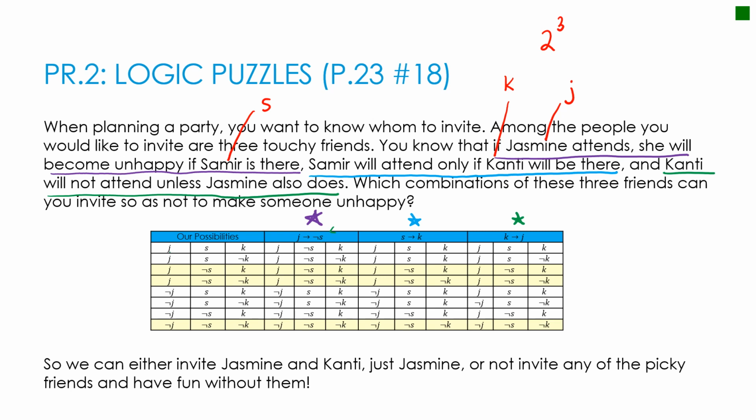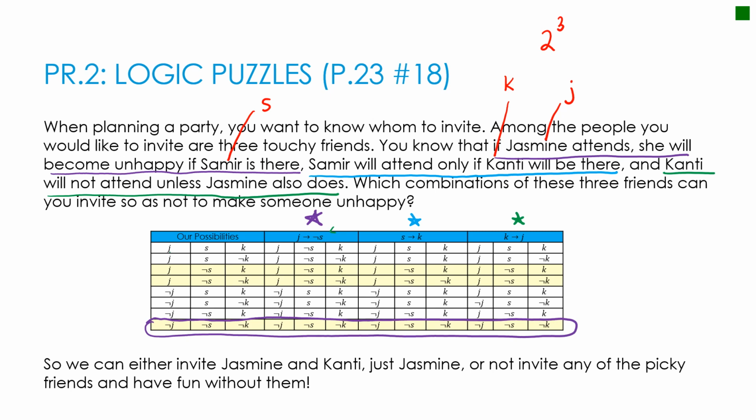And so what I found at the end is that I can either invite Jasmine and Kanti, or just Jasmine, or essentially I can invite no one. So this one worked out just fine, where we can see all of those sets of three are the same.